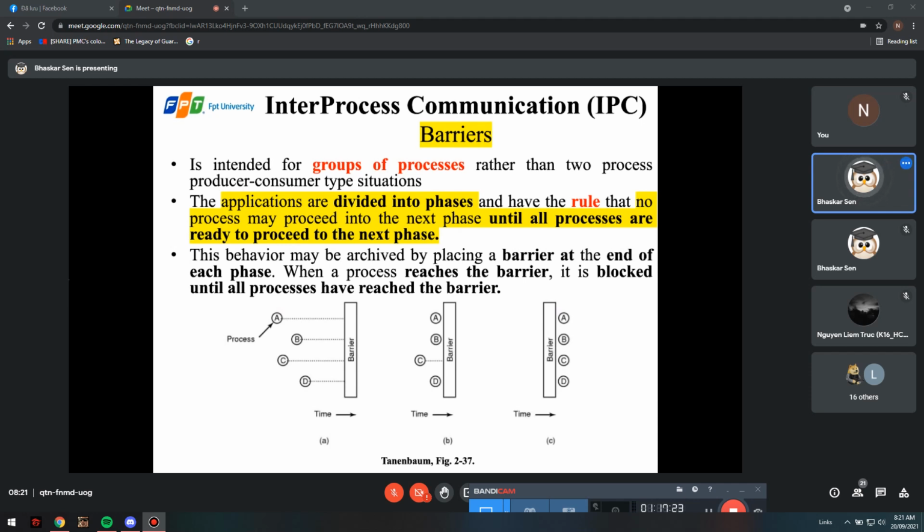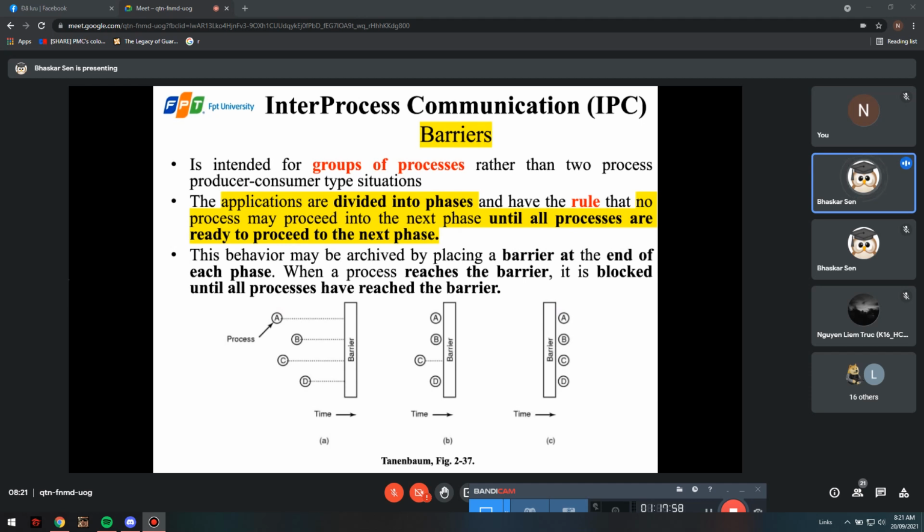In other words, the program is split up into multiple phases, and each phase will start with all the programs together. That is what this particular style of IPC communication is all about.